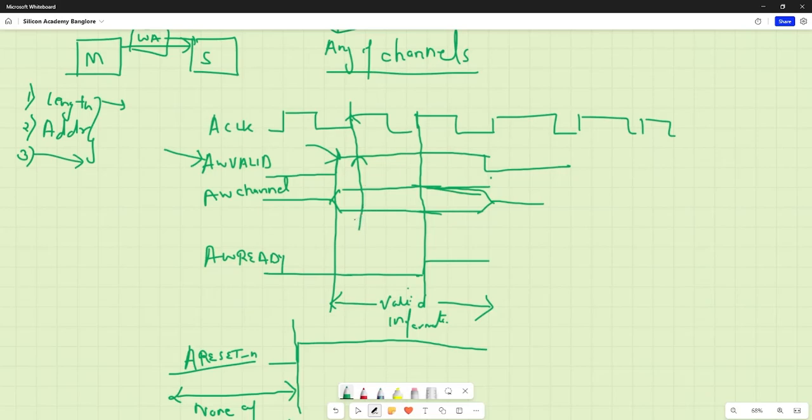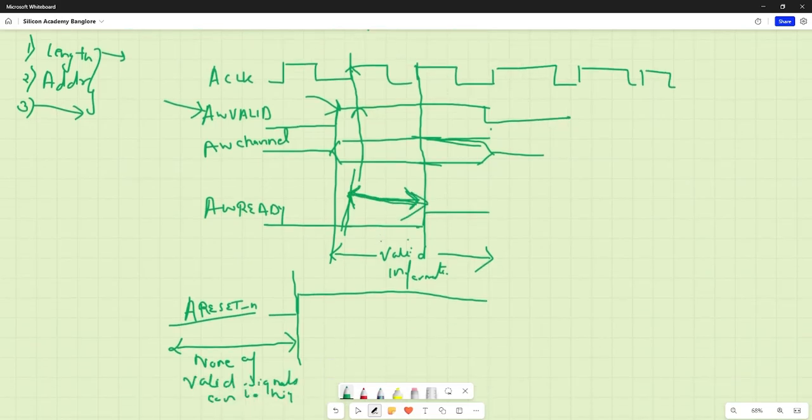If you carefully observe this case, the master is waiting for some time for the slave to receive the information. The master is actually waiting for a slave to get ready to receive the information, right? In this case. So it can be the opposite also.